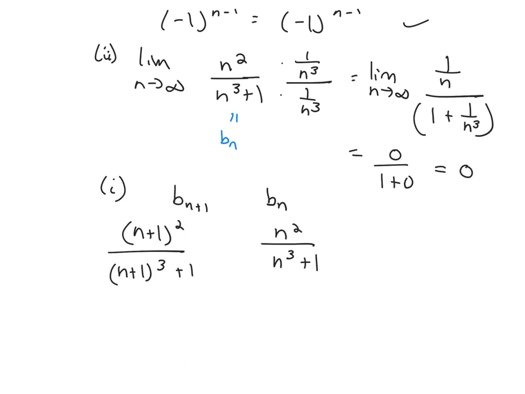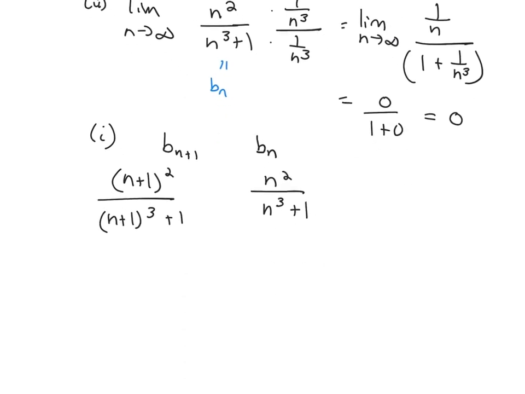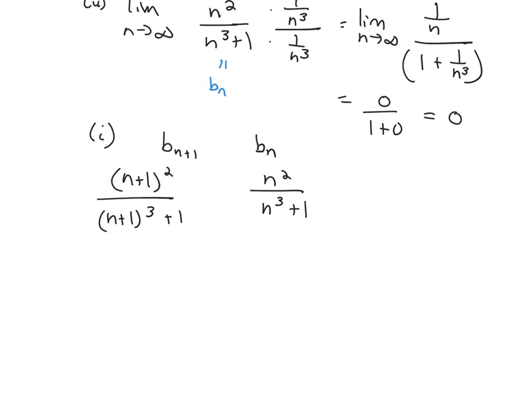But decreasing, we've showed decreasing before, right? When we did the integral test. What's another way we can show something's decreasing? Take the derivative. Turn it into a function, and take the derivative. So let's go with that here, because that's going to be a little bit easier. So I turn it into a function, x squared over x cubed plus 1.